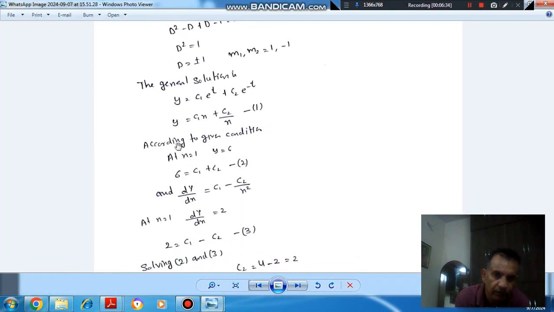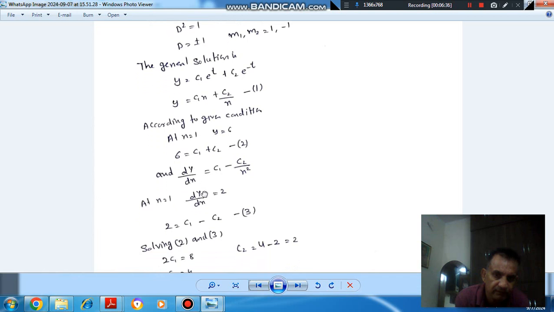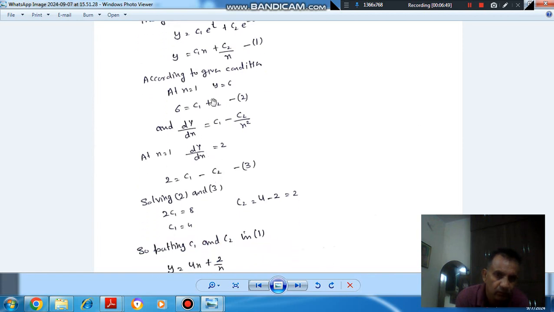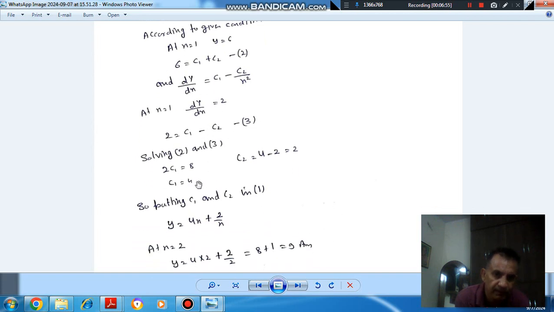So y is this quantity, and dy by dx is c1 minus c2 by x square. Putting x equal to 1, dy by dx is c1 minus c2, which is 2. Solving these two, we get c1 as 4 and c2 as 2.